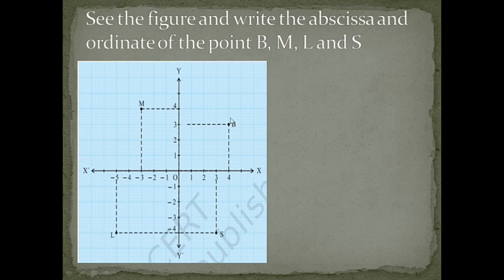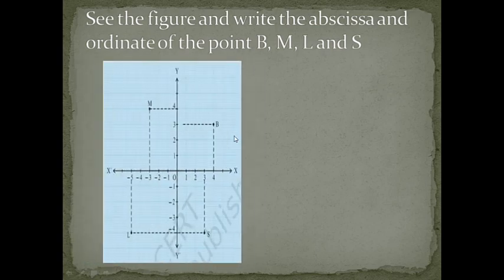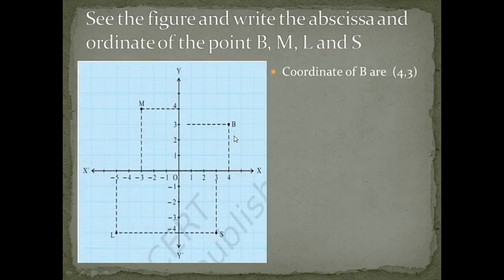It means the coordinates of B are 4, 3. Then the coordinates of M. The abscissa of M is -3 and the ordinate of M is 4. It means the coordinates of M are -3, 4.